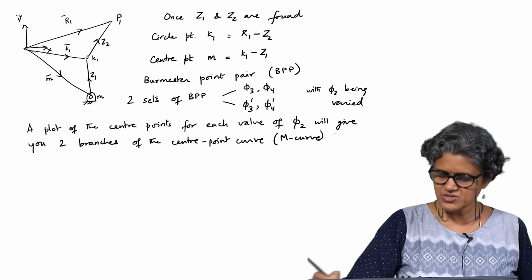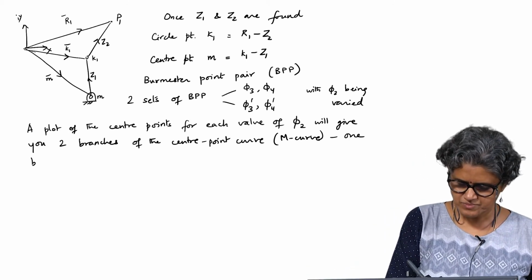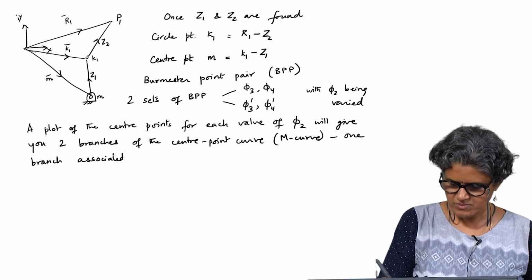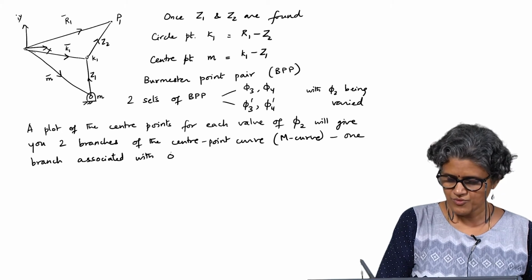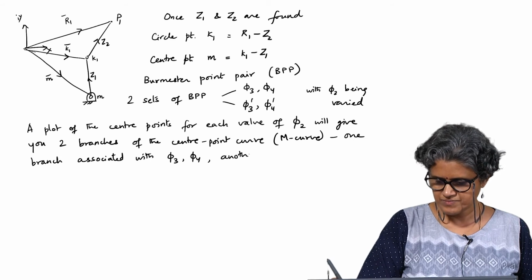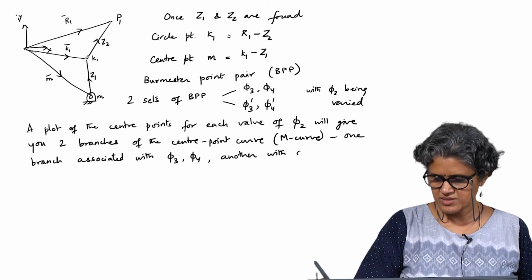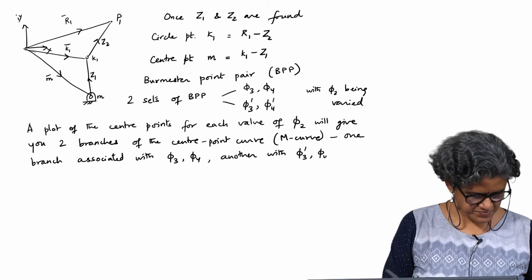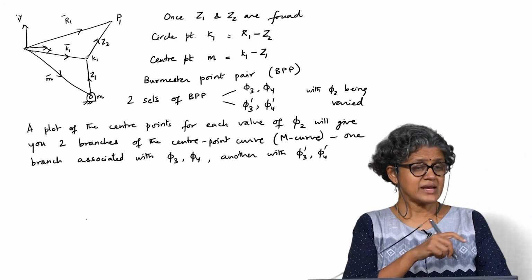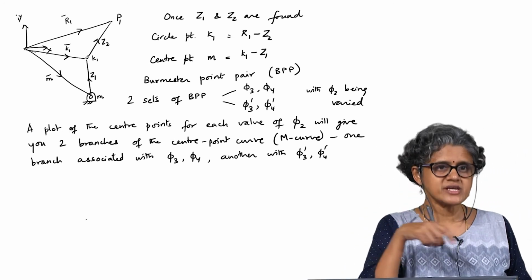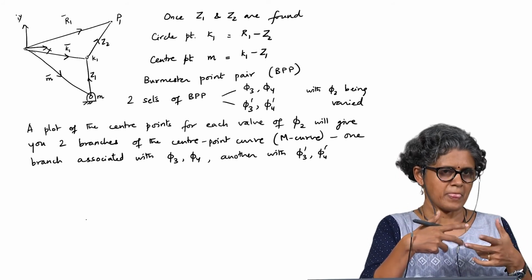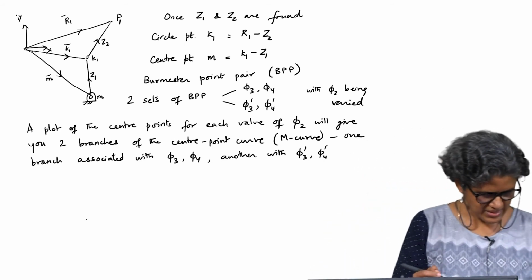Because one branch is associated with phi 3 phi 4, another with phi 3 dash phi 4 dash. So, if the compatibility linkage allows complete rotation of the delta 2, then the two branches will meet, okay, and I will show you that.